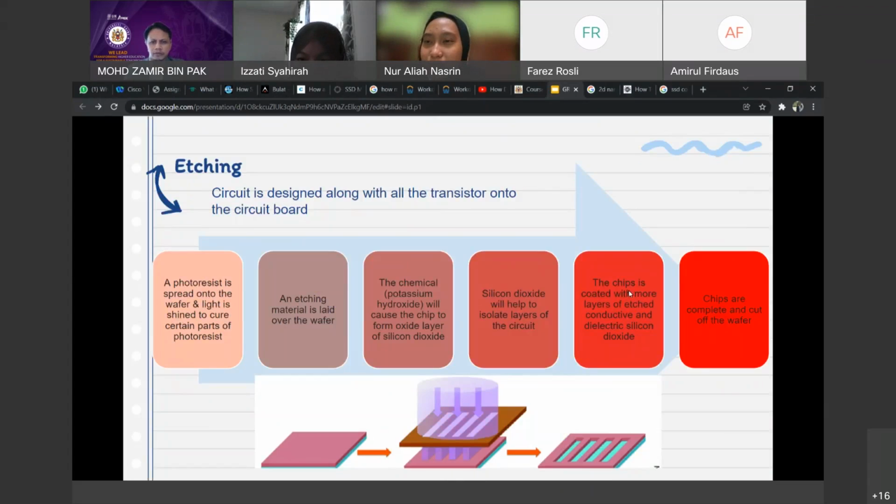Right, I'll come to your question, Faris, after this. Light is shined to cure certain part of the resist. What is this curing process? Lithography process, if I'm not mistaken.